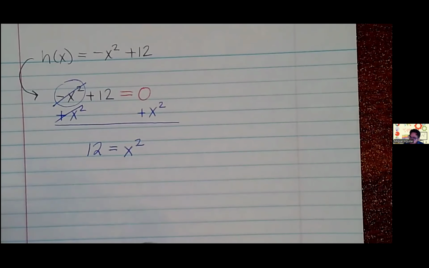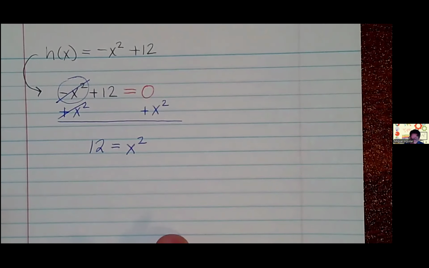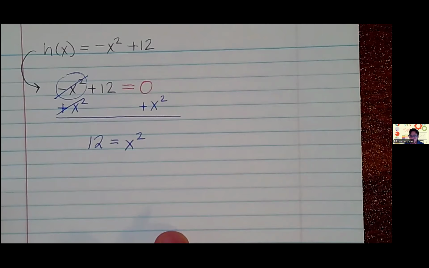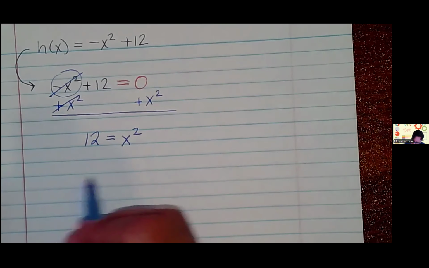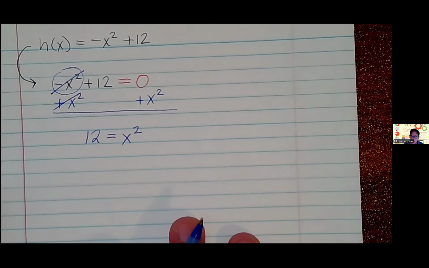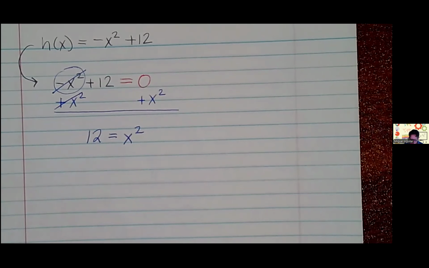I know that you guys probably don't like having the x squared on the right side, but it doesn't make a difference. If you want to, you can flip it around at this point and put x squared equals 12. It doesn't make a difference here, but I just wanted to keep the x squared positive. I'll explain in a second why I think that's a little bit easier.